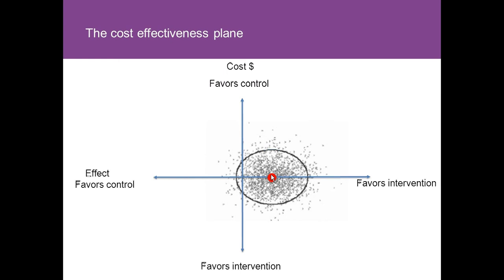This is necessary because a cost effectiveness ratio has two dimensions, not one. The circle or ellipse demonstrated in this particular cost effectiveness graph demonstrates the area in which we are 95% confident that the true cost effectiveness estimate of an intervention lies when that intervention may be applied more broadly.